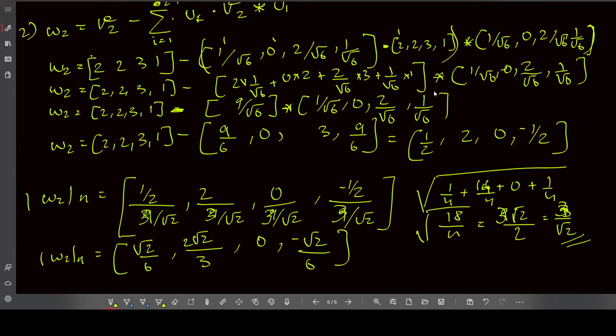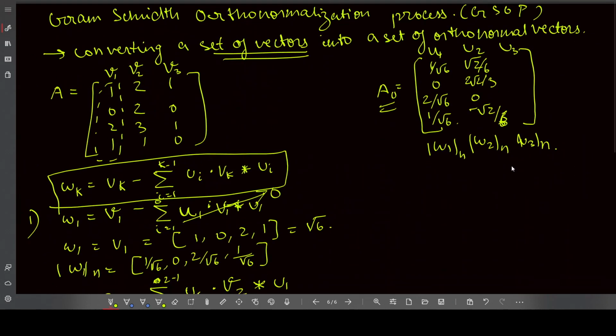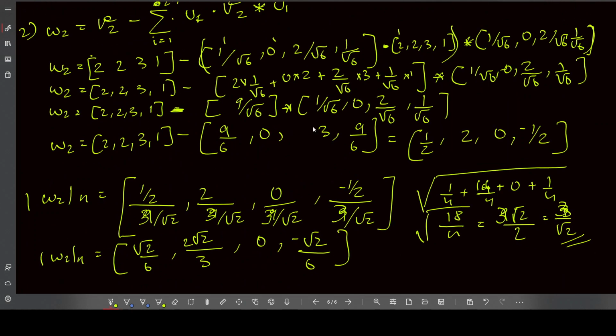Okay, so now when you have to find w3, which is the last vector, what you do is, if you take the formula, w3 will be equal to v3 minus u1 dot v3 into u1 minus u2 dot v3 into u2.